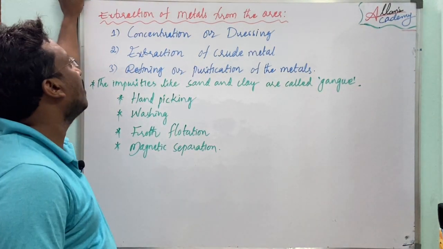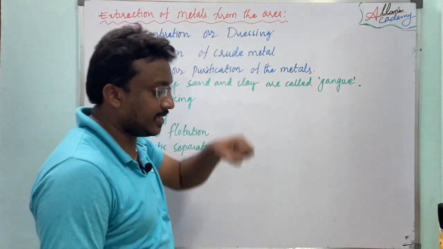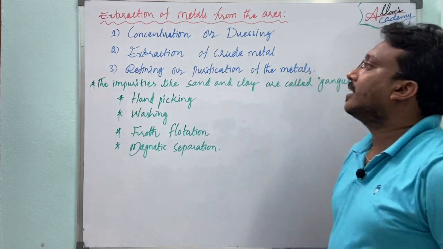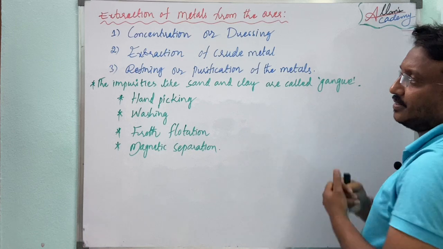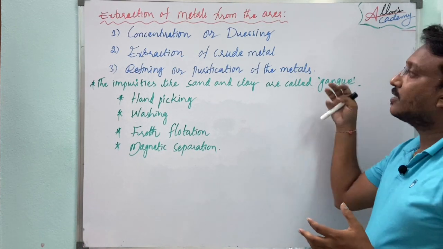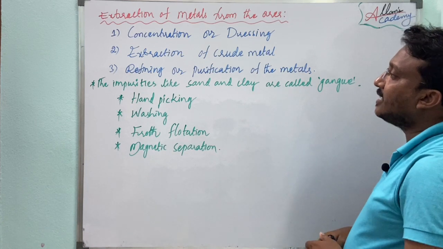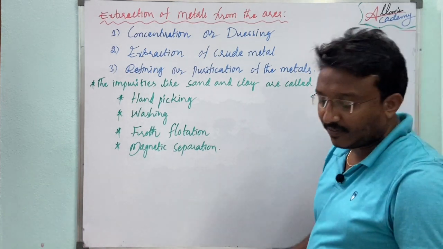First one is concentration or dressing. Next one, extraction of crude metal. And third one is refining or purification of the metals.